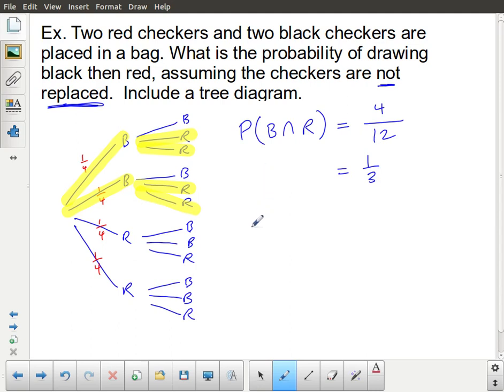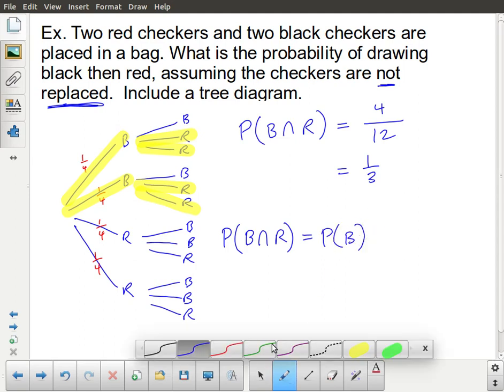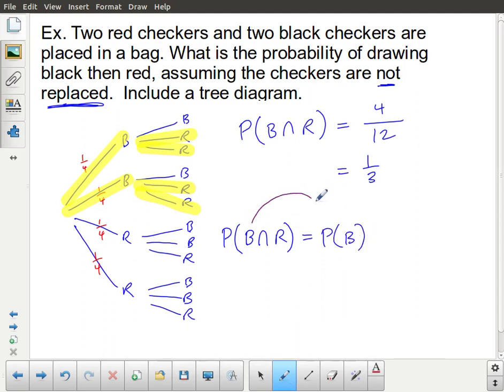Another way I could do this is I could say the probability of a black and a red is equal to the probability of black. So basically, that is the one that happens first.